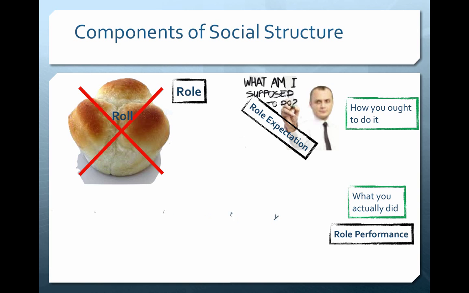Now, another term that's used within roles is role ambiguity. This is when the expectations associated with the role are unclear, or when the status is relatively new or is unacknowledged by a society. So, for example, when we first started to see the onset of single-parented families, there was some role ambiguity.